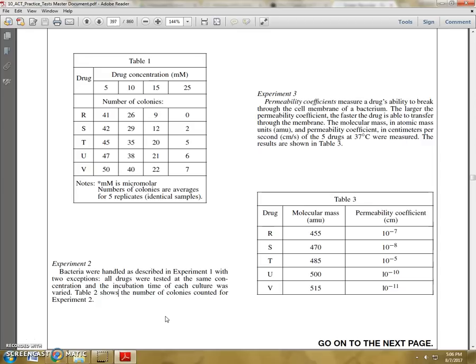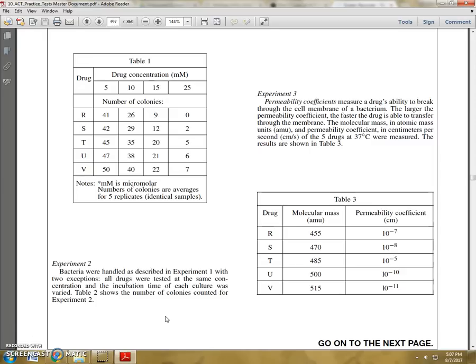All drugs were tested at the same concentration. And then the second part, the incubation time of each culture was varied. So that's experiment 2. So we would infer from our answers in number 19 that the opposite is going to be true. Drugs are going to be tested at different concentrations, and the incubation time is going to be the same. So that leaves us with the answer A.